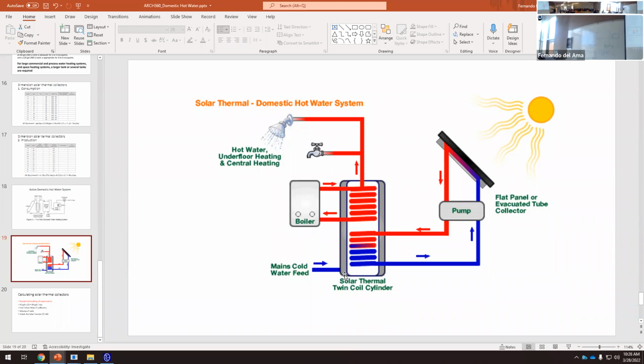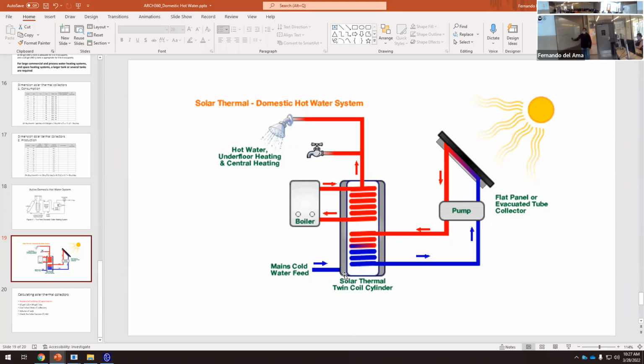This water is at 60 Fahrenheit. This water is at 140. So part of this heat is released to the water tank. If we have just one pipe, the amount of heat that we transfer is not that much.